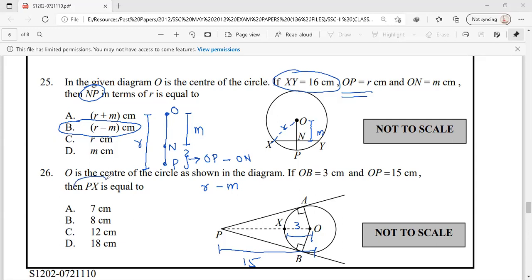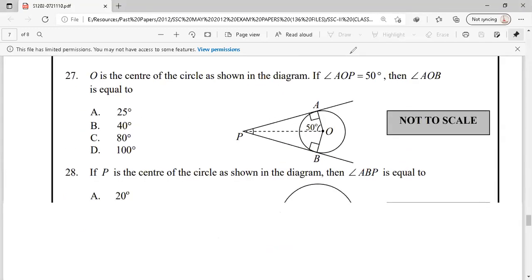The same concept is applied as in the previous question. So PX will be equal to 15 minus 3, equals 12. Option C is the right answer.